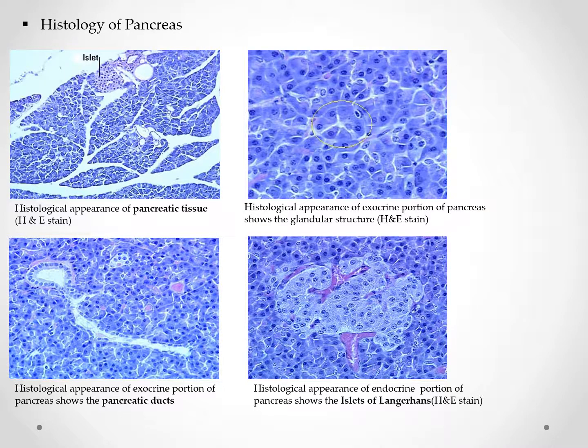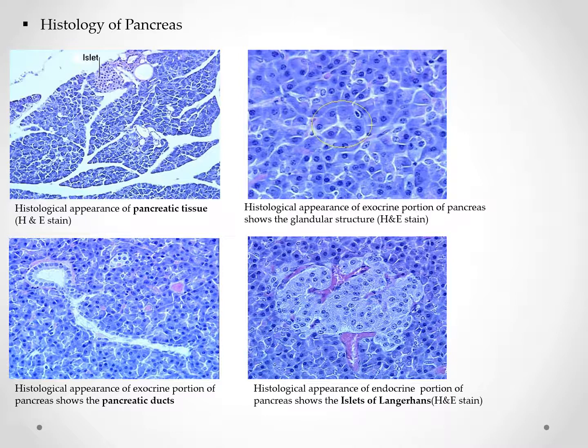And in these slides, we can see the normal histology of the pancreas. We can start from the first slide, which shows the whole histological appearance of the pancreas, which is composed of two main parts. The maximum part of the pancreas is composed of glandular structure, as shown here. This glandular structure is called the exocrine part of the pancreas, which is responsible for the production and secretion of digestive enzymes.